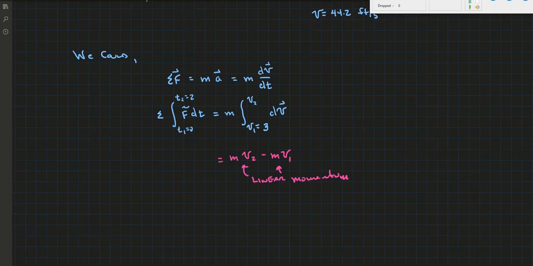V1 is our initial and V2 is our final linear momentum. These terms are in the same direction as V, and this equals the integral over here on the left, which we call the linear impulse.